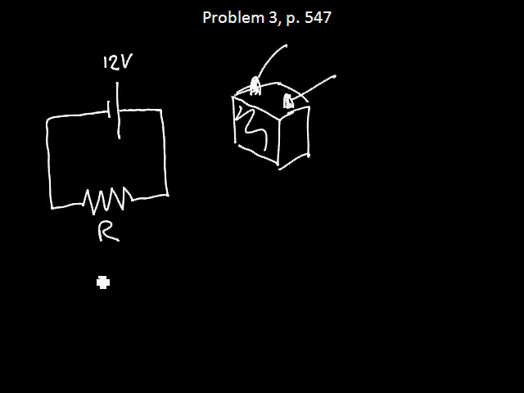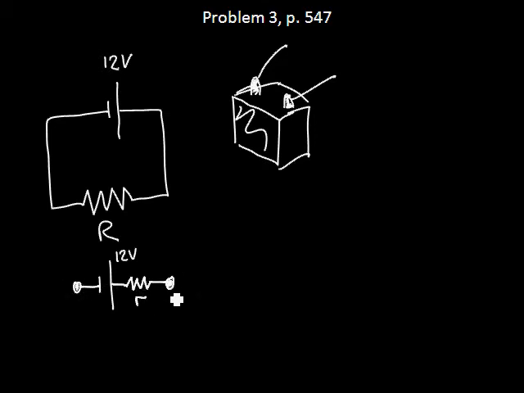A better way to model this circuit is to say we've got the 12 volts that the battery provides, and then there's a little internal resistance. The internal resistance of the battery tries to prevent current. And on either side of that are the terminals of the battery, with the resistance inside the battery.